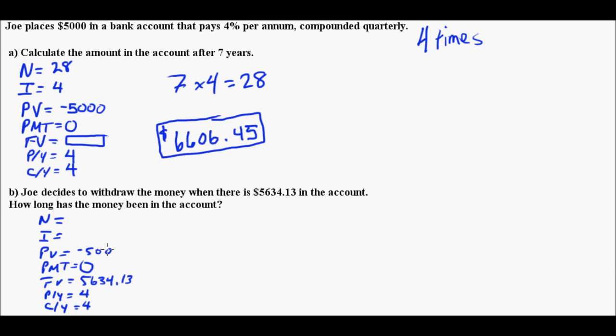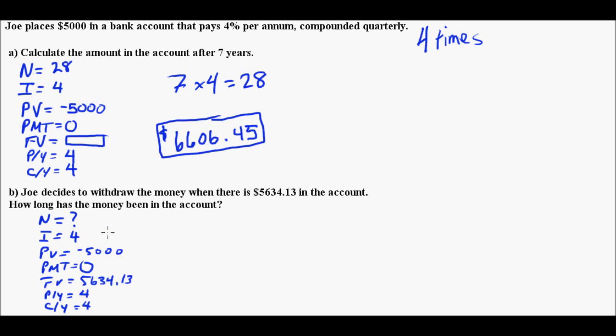Now in this problem, if you put both the 5,000 and the 5,600 as positive, you're going to get an error message on the calculator. One of them has to be negative. The interest rate, we're going to assume it's still 4%. And then what they want us to find is N.